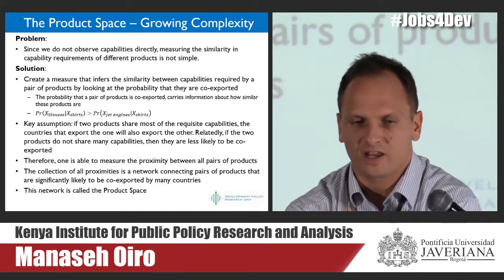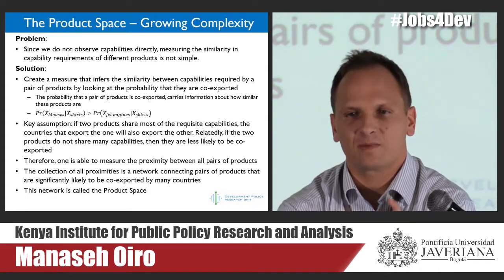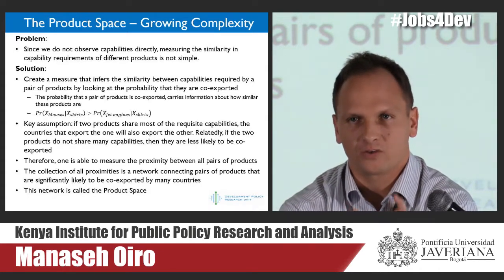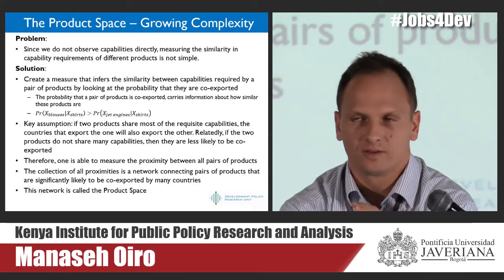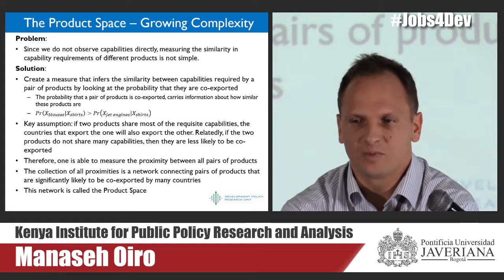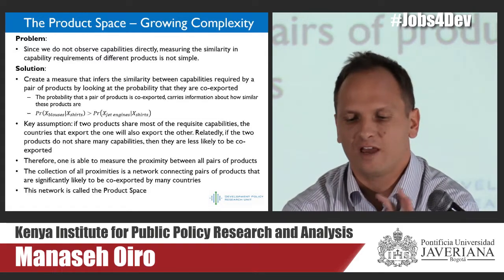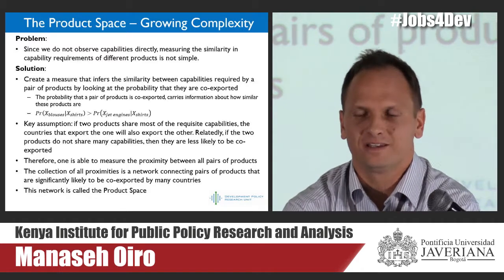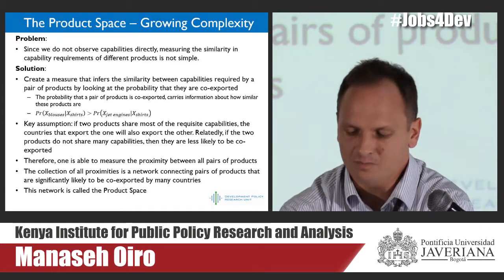So if there's product A and product B, and two or more of the same countries export both product A and B, then product A and B are relatively close. Or put another way, the capabilities inherent in both those products are quite similar. But if you don't have that co-exporting, then the capabilities between the two products are relatively dissimilar.